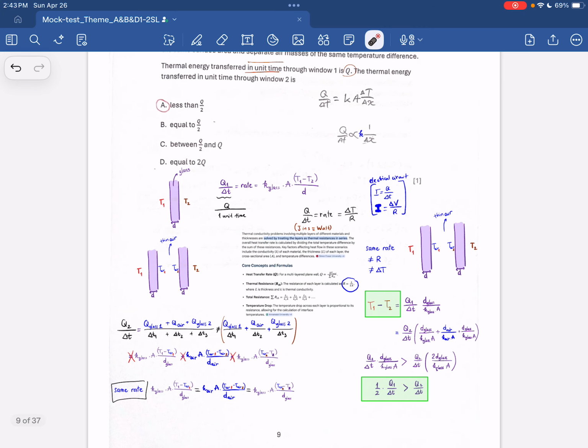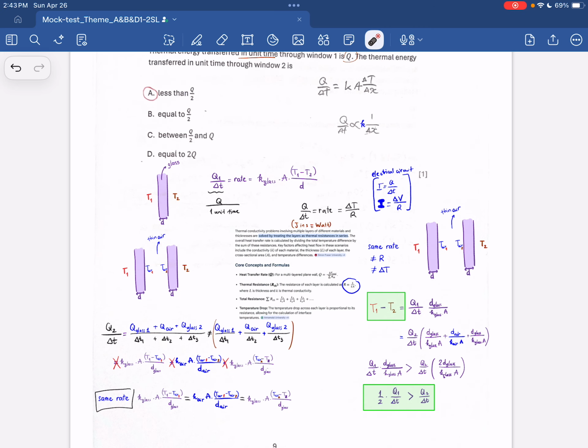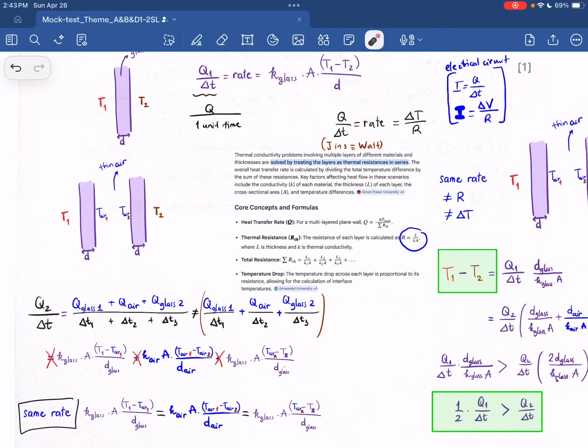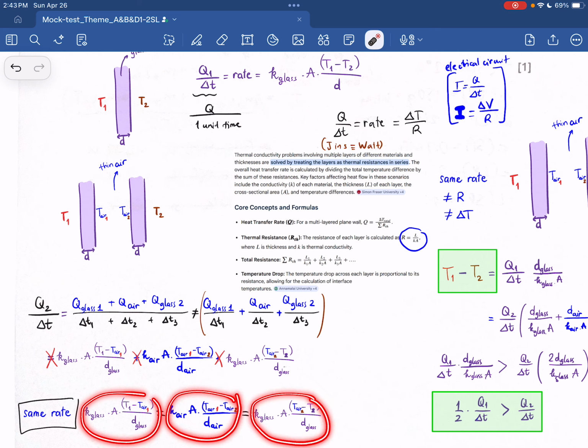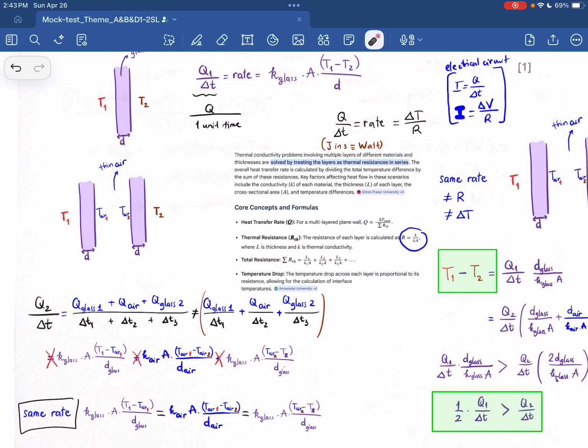If you have any questions, please let me know. Remember, for this problem, we cannot apply this equation. This is not correct, because we have the same rate, and the same rate means that each of these equals the other, to make sure the heat flows evenly through our layers.